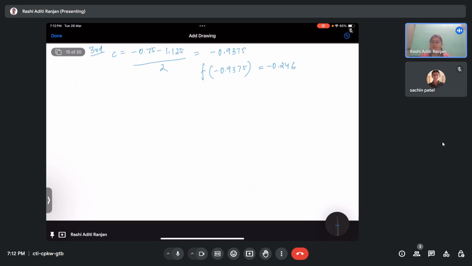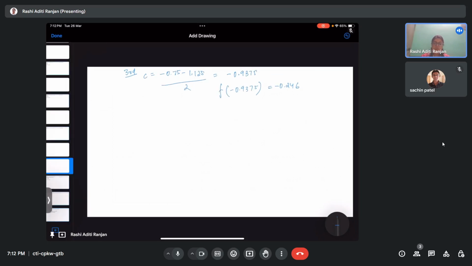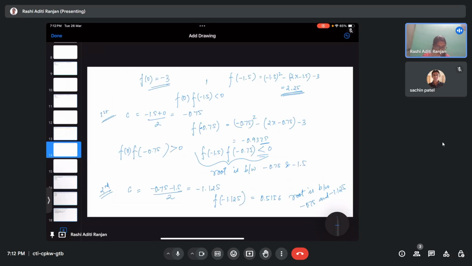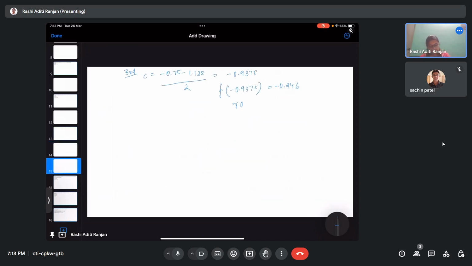So if I remember, this value is negative. So out of minus 0.75 and minus 1.125, whichever is positive, I'll have to take that one. So my positive is this one, which means that my root is between minus 0.9375 and minus 1.125.